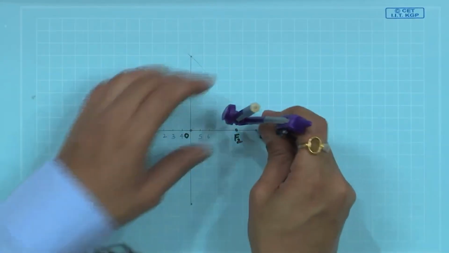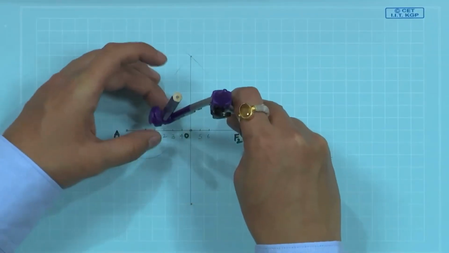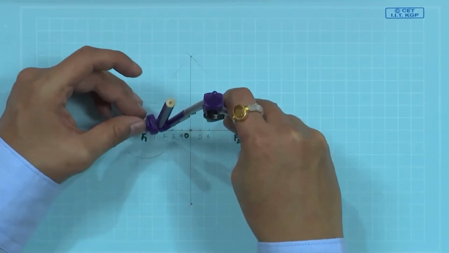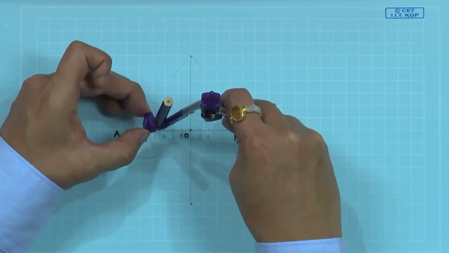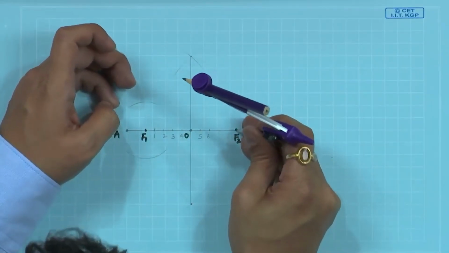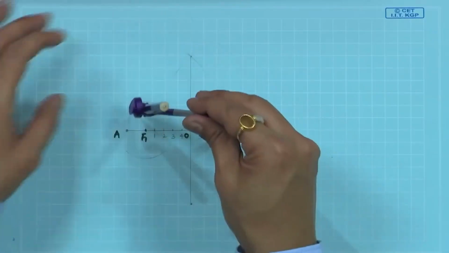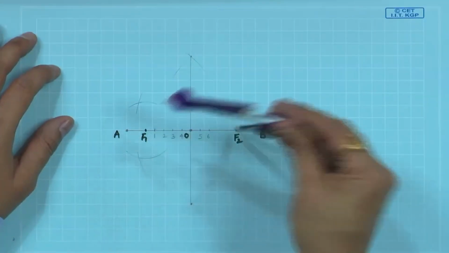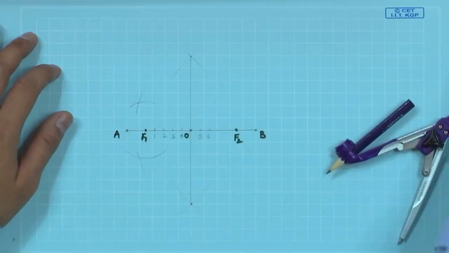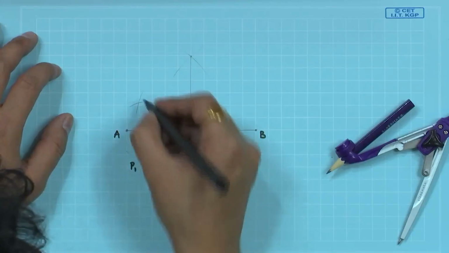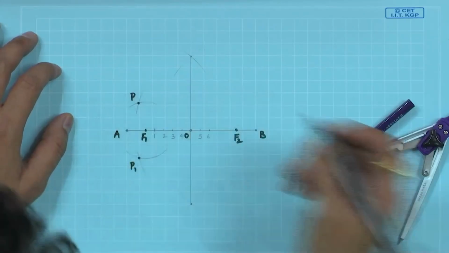From B to 1 also we have to find the distance. This is the one. Use focus F2 and make an arc. Call that intersection point P1, P1 dash, P1 prime.